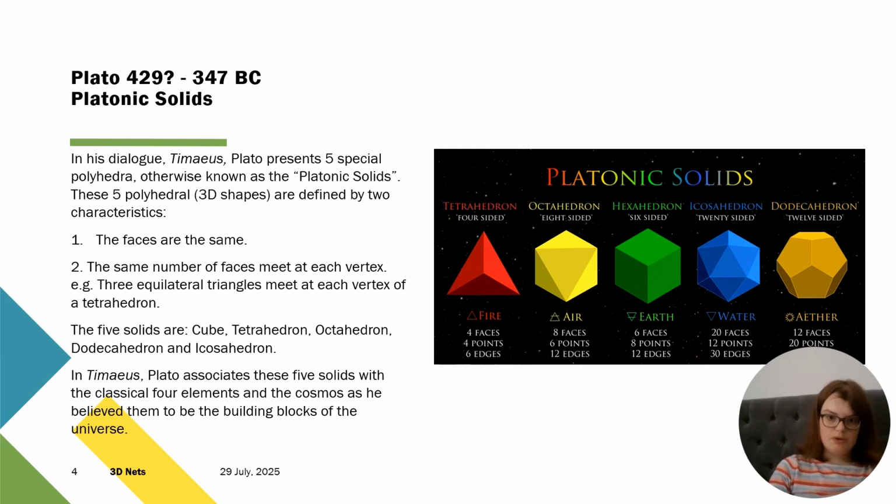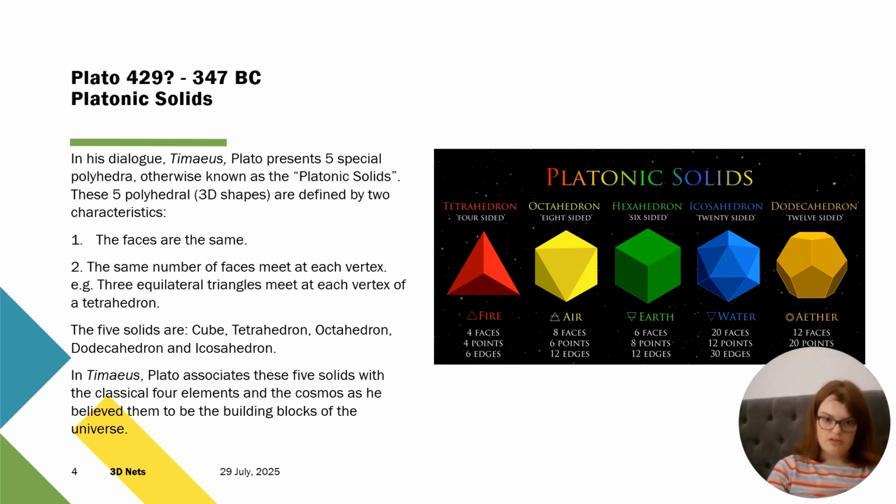So for example, in a pyramid, you've got all the faces being triangles, and the same number of faces meet at each vertex. So for example, going back to the pyramid, you've then got 4 of these faces. The 5 solids are the cube, the tetrahedron, the octahedron, the dodecahedron, and the icosahedron.